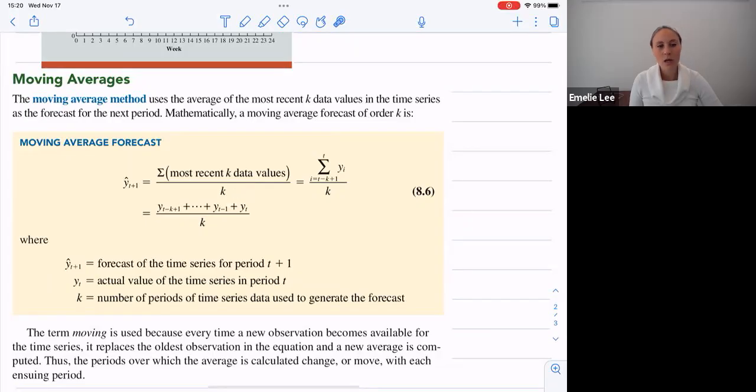If you have a 3 moving average, then you need the first 3 values in order to build the forecast for the 4th value. So you don't have a forecast for the first 3 values.